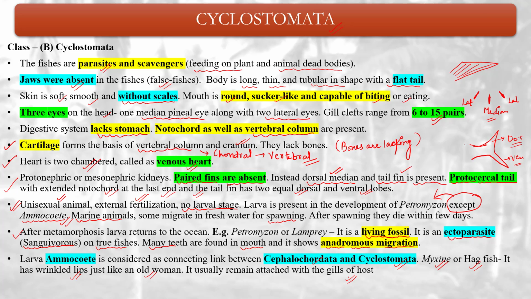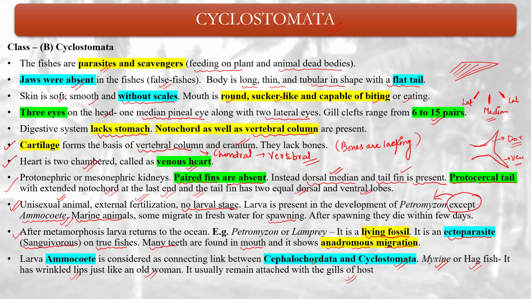They are unisexual. They show external fertilization. They don't have a larval stage of development except Petromyzon. Petromyzon is having an ammocoete larva in its developmental stages, which shows anadromous migration. Anadromous migration means going from the salty water to fresh water to lay eggs.